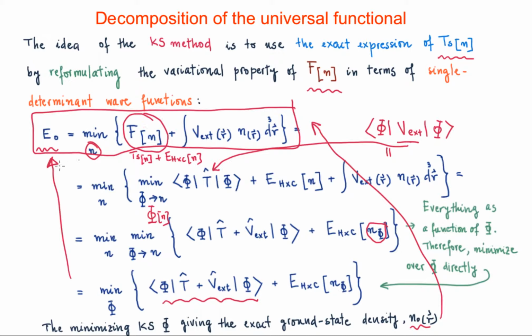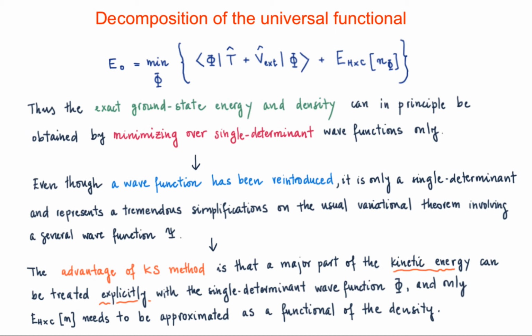So following that idea, what we have now is that the ground state energy can be obtained by minimizing all these expressions here with respect to the Slater determinant of this fictitious non-interacting system.